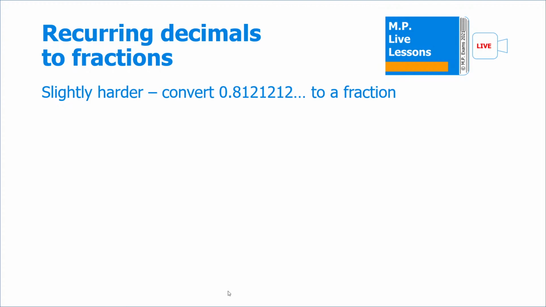Now you might have slightly harder ones where, let's say, in this case, the recurring decimal does not immediately start after the decimal point. This would be written as 0.812, so the dots are over 1, 2. So this section here keeps repeating. To make things easier, we want this recurring bit just to be right after the decimal place. So we let x equal our recurring decimal.